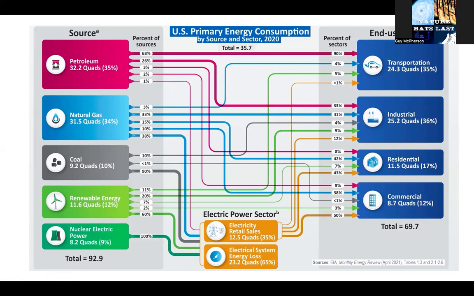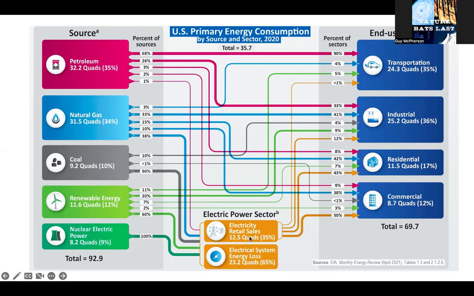Also note that this puts the electric power sector down here in the middle, so that you can see the electricity retail sales. And then there's this wonderful category called electrical system energy loss.